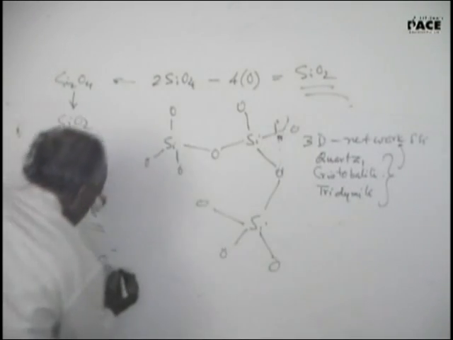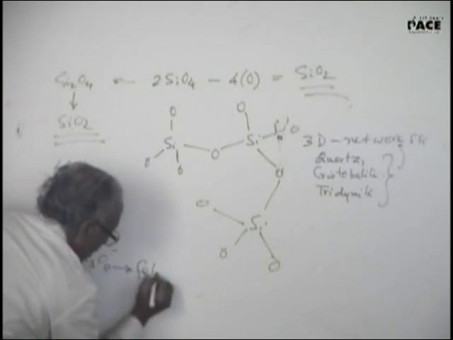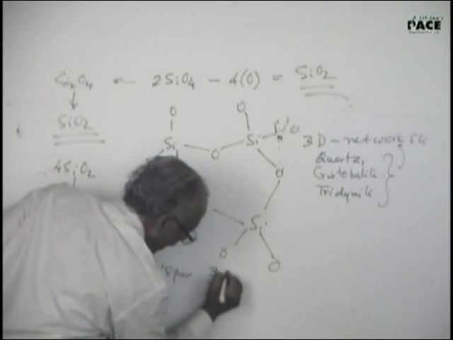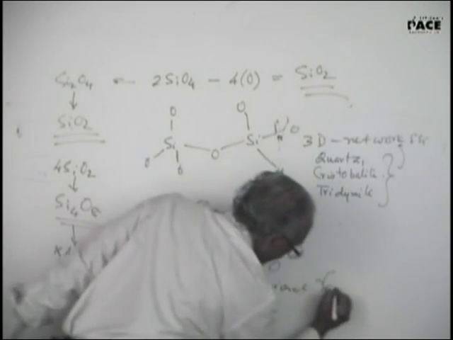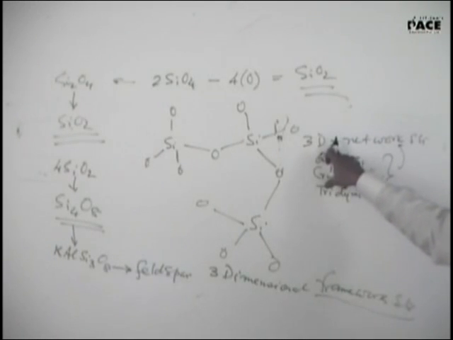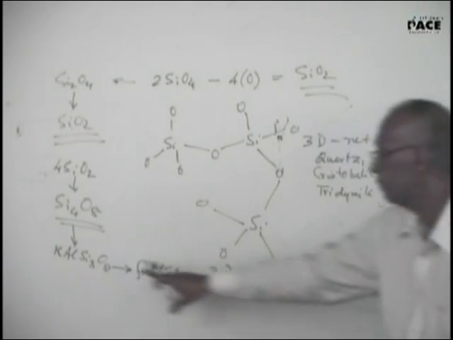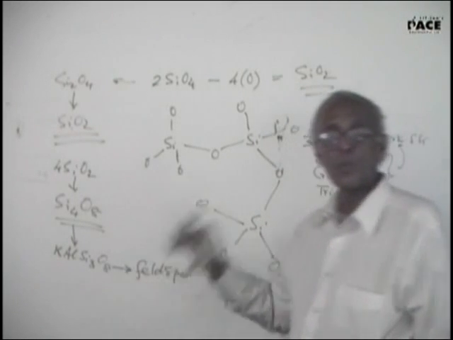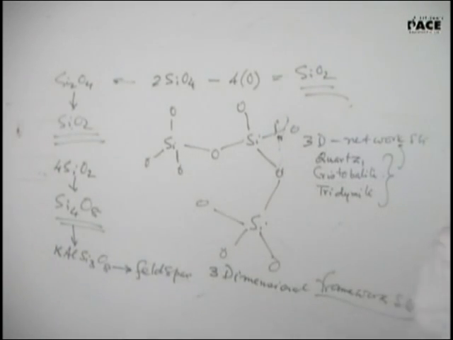And this is known as feldspar, which gives a 3-dimensional framework structure. This is different from this structure. Here you have SiO2. Here you have AlSi3O8. So one of the silicon is replaced by aluminium.